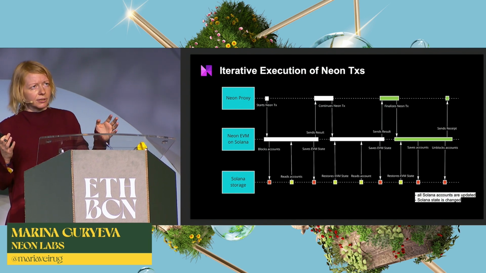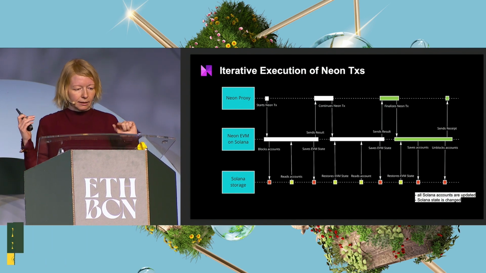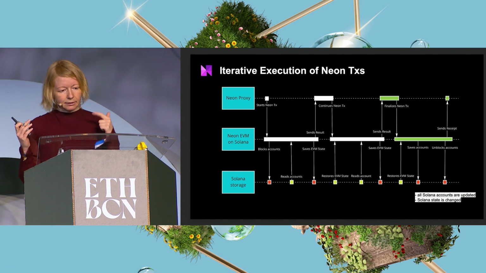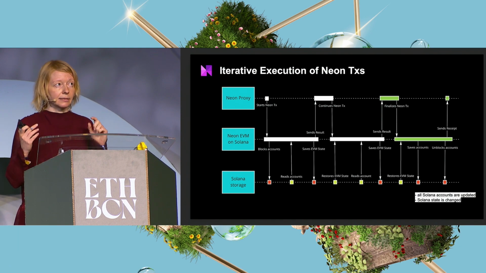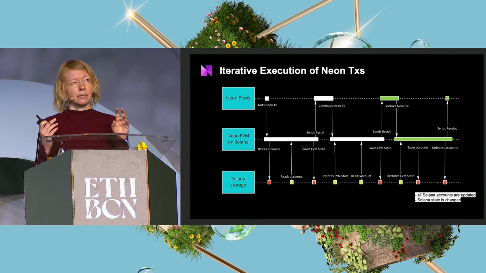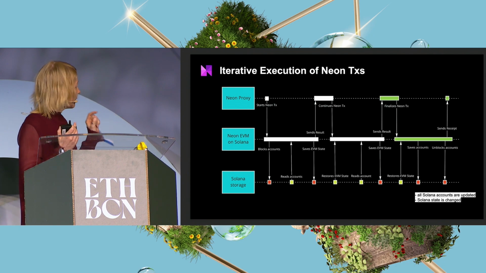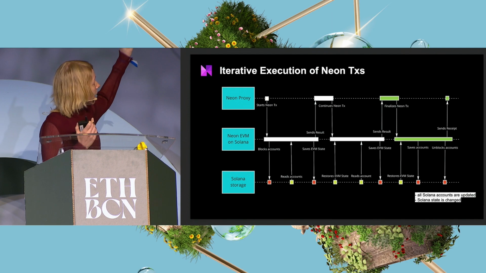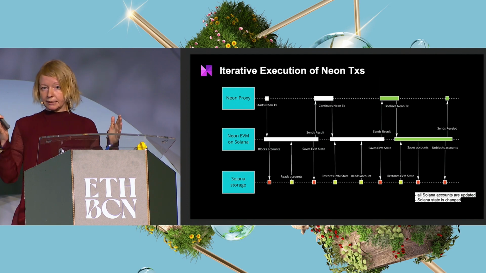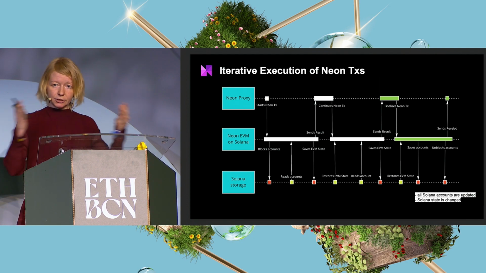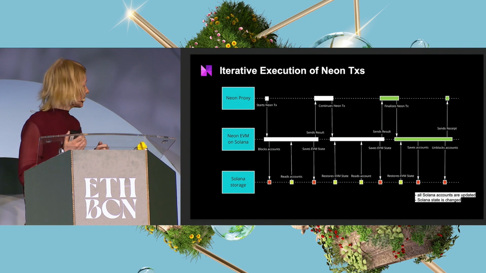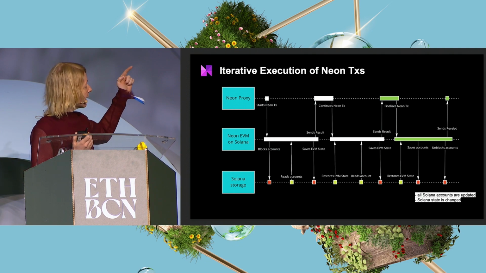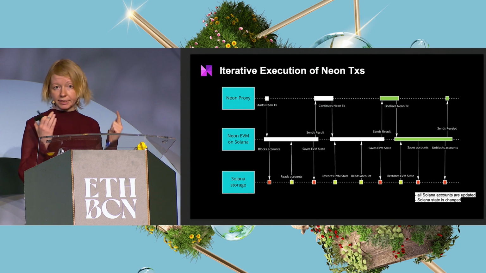As far as I remember, one Solana transaction can contain about 750 Ethereum opcodes. So what we do, we split the Neon transaction into several Solana transactions. Proxy does this work. And then we have iterative execution of Neon transactions.